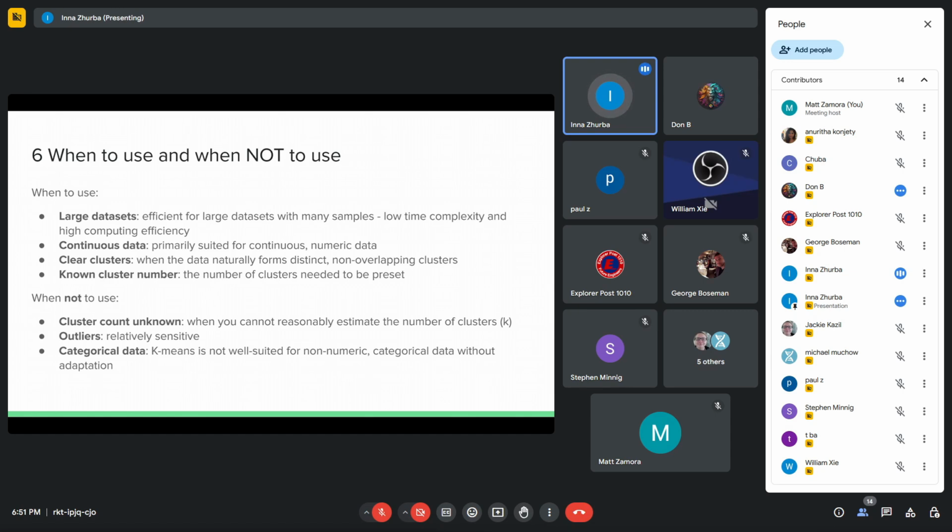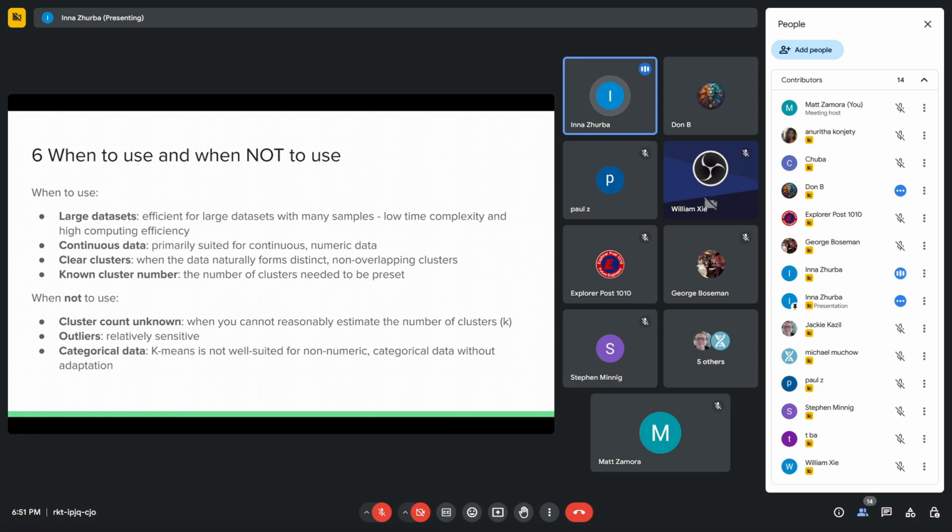So when we have categorical data, it may not be optimal, but there are also several ways we can adapt k-means to work with categorical data. For example, if we have some categories, red, blue, and green, we can assign them numerical values, and you use that basically to adapt.